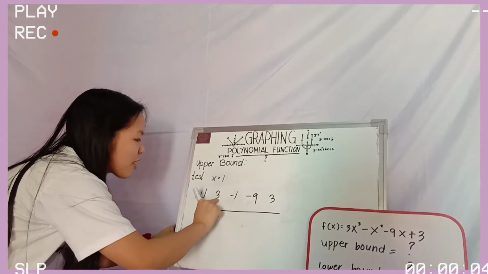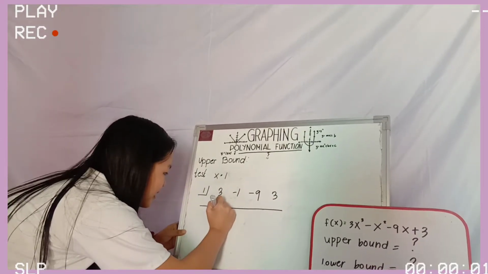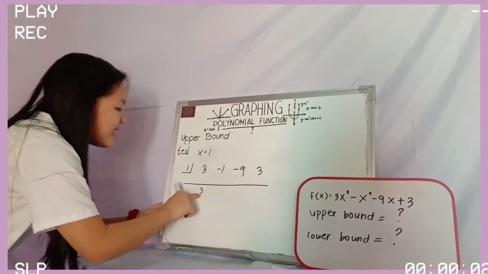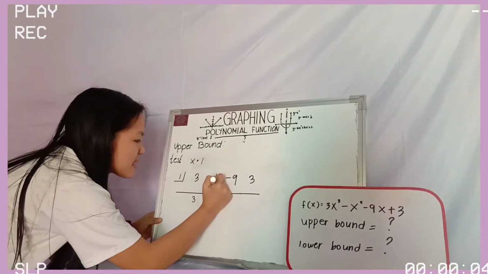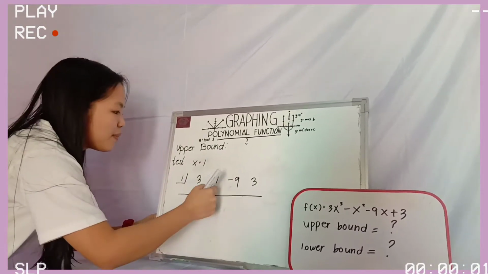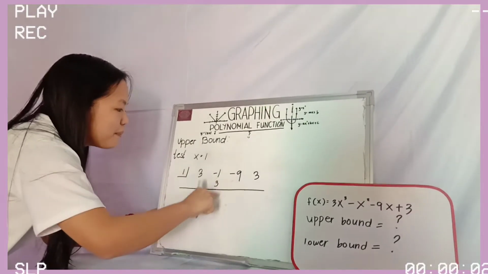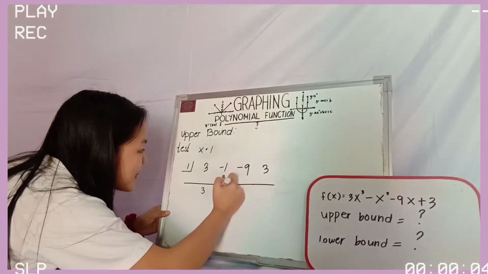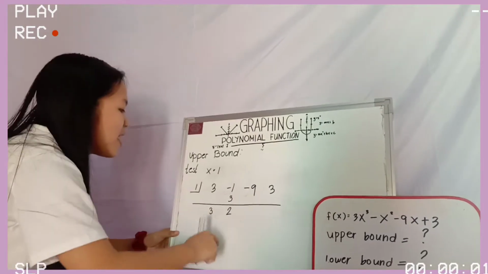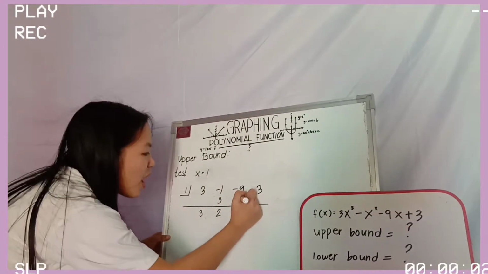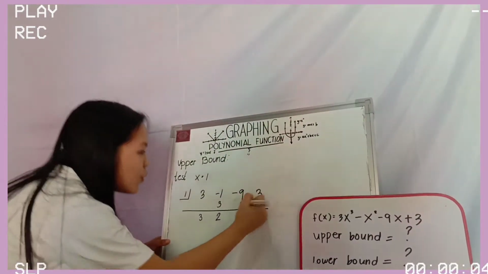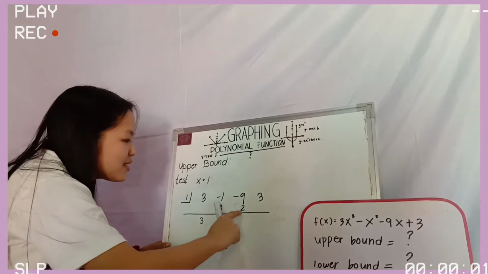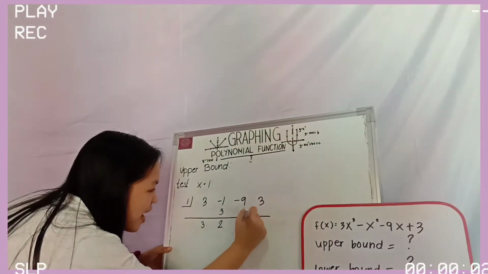Bring down the first coefficient. Then 3 times 1 equals 3. Negative 1 plus 3 is positive 2. 2 times 1 equals 2. Negative 9 plus 2 is negative 7.